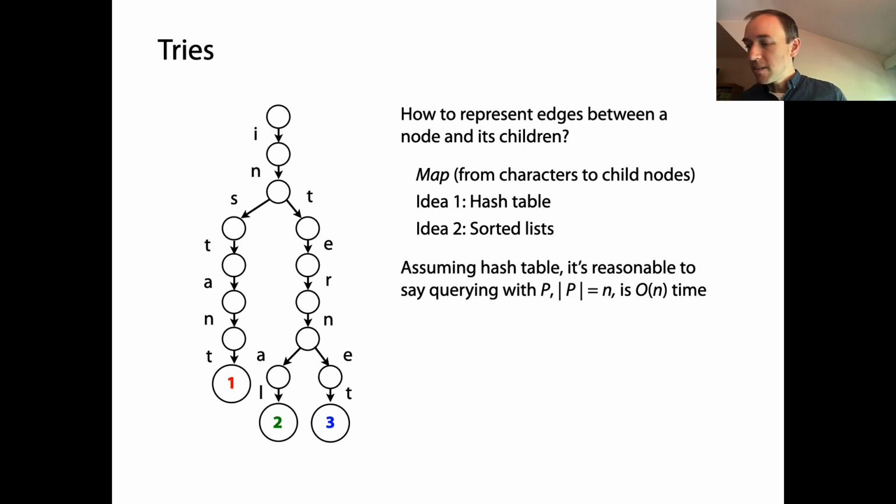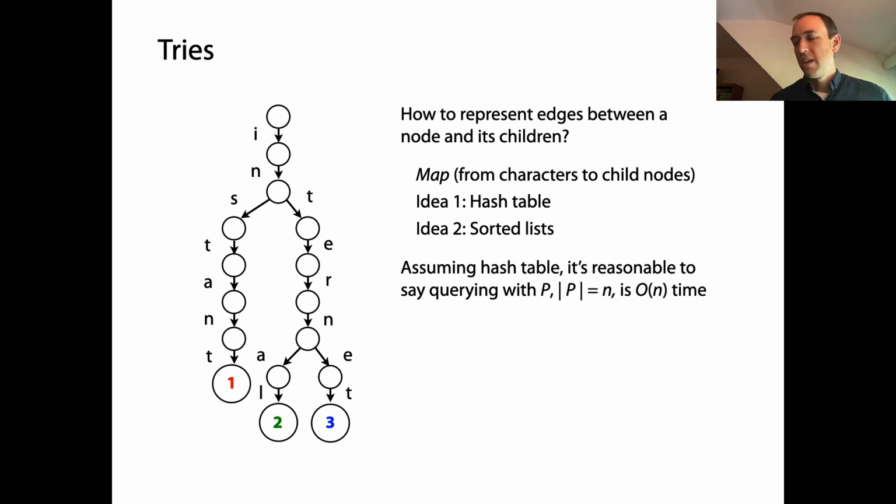But at any rate, if we assume that it's something like a hash table, then we know that these lookups are going to be efficient. With a hash table, we might say that constant expected time is what we could expect, so that we can ask the question, is there an outgoing edge, and retrieve the corresponding child node. We can assume that that's something like constant time.